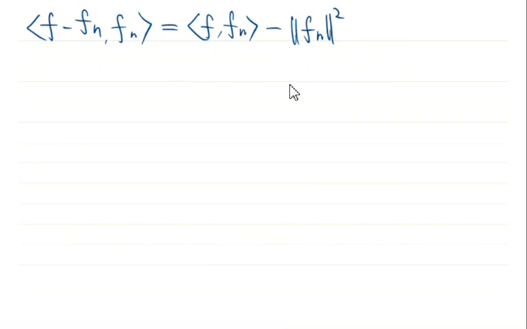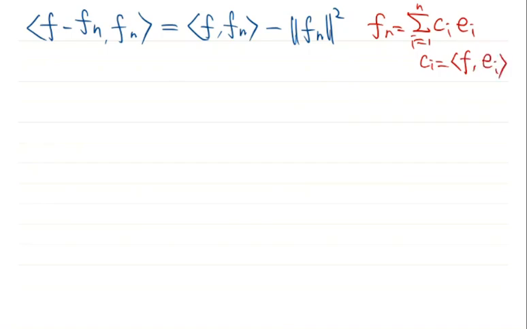So what's fn? Fn is the sum, i from 1 to n, of ci ei. Here, ci is the inner product of f and ei.